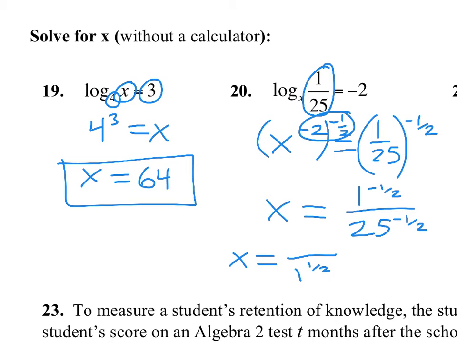If I have 25 to the negative 1/2 on the bottom, that can move to the top and become exponent positive 1/2. Remember that exponent 1/2 just means take the square root. So the square root of 25 is 5. The square root of 1 is 1, so I don't need to write that on the bottom. Answer is just 5.